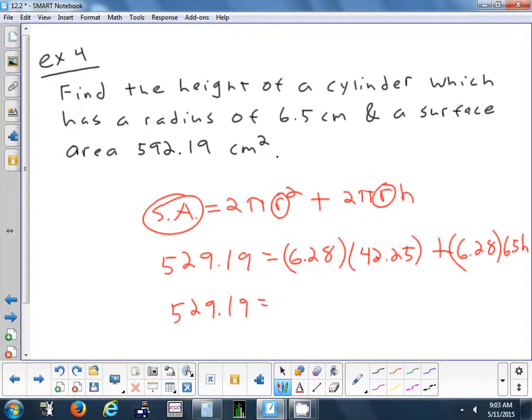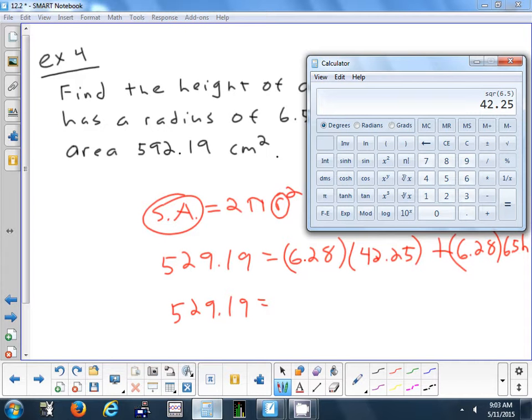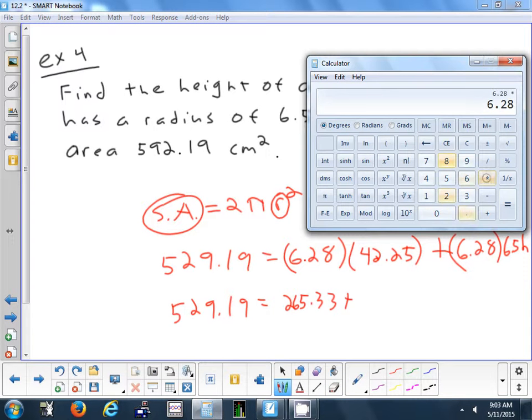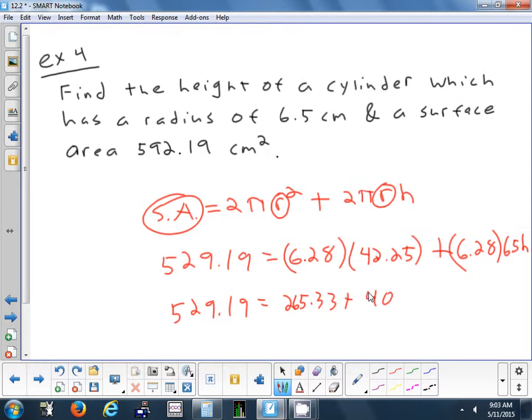If you had this one on MCAS, they would not expect you to do this by hand. This would be a calculator question. 6.28 times 42.25 gives me 265.33. Well, you know what? Let's multiply 6.28 times 6.5. Let's do that. It's 6.5.